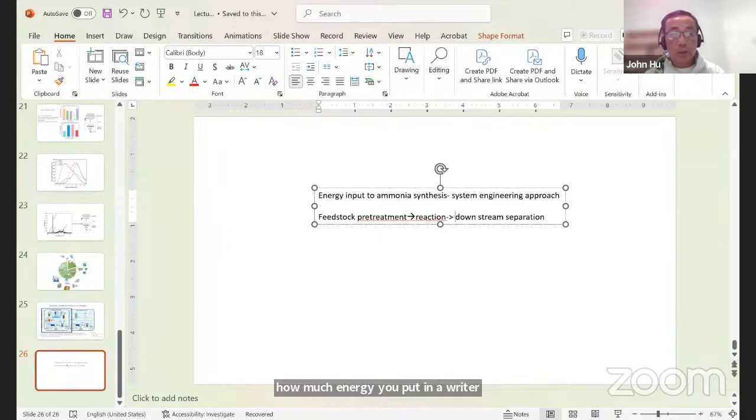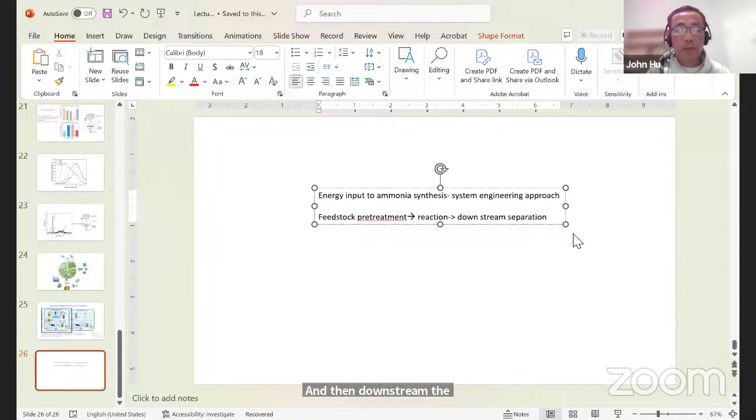So that's a very good question. Tomorrow you will see the economic analysis. We actually break down the energy spent on reaction and pretreatment. Now in the Haber-Bosch process, we don't spend too much in the reaction and in the feedstock pretreatment, and then downstream the separation is loud. So let me write it down here.